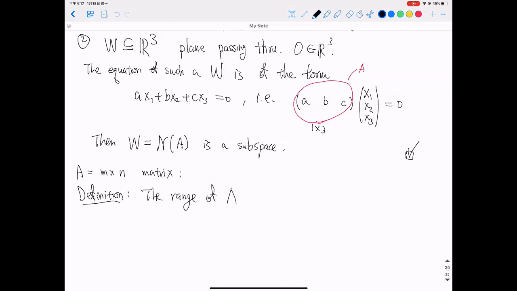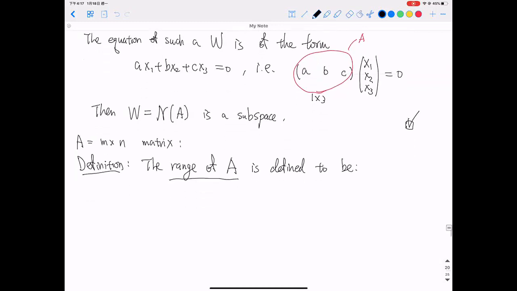The range of A is defined to be the following. First of all, the notation is R of A. It consists of vectors y in Rm.